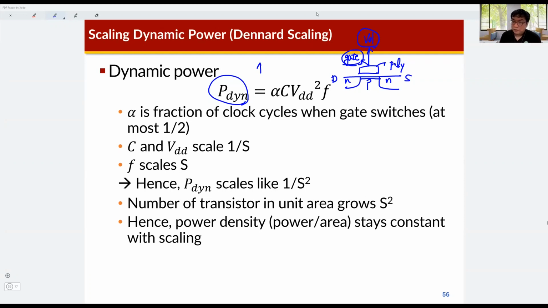So that means this CMOS transistor is a voltage controlled switch. So based on this gate voltage, if the gate voltage is high, that means on. If the gate voltage is low, that means off for the NMOS transistor.